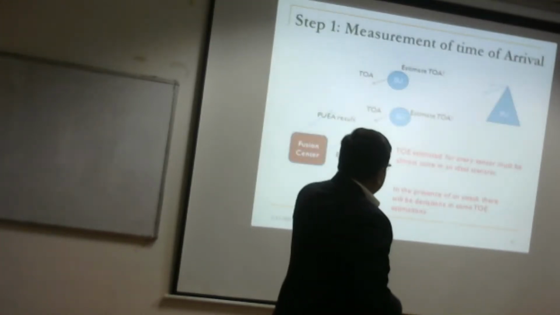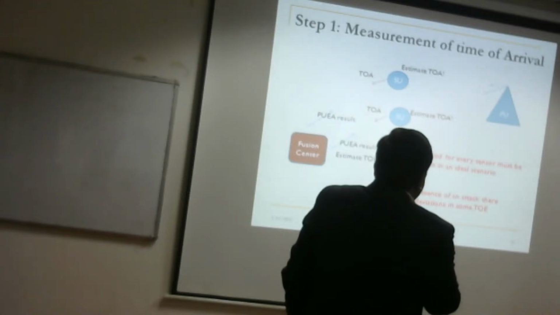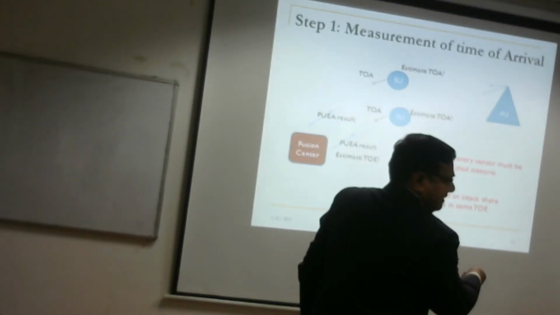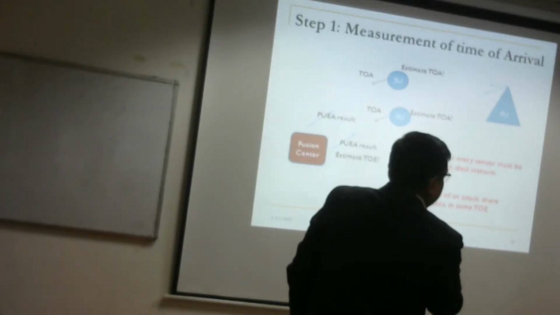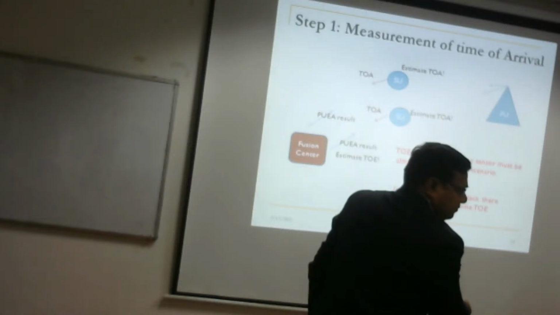On that, we take the transmission time of arrival at the receiver part, emission and arrival. That way we can estimate the time of arrival and time of departure, on that some different part, primary from the fusion center. The fusion center is the main center, every node is connected to that part. So that fusion center will analyze all the spectrum part, then we will get to the user nodes.